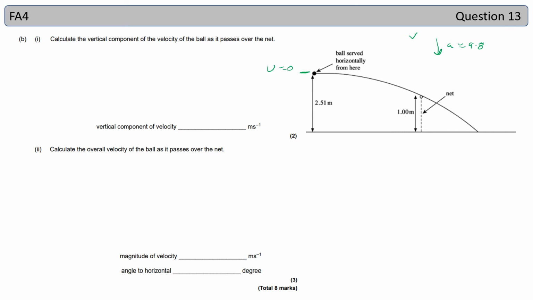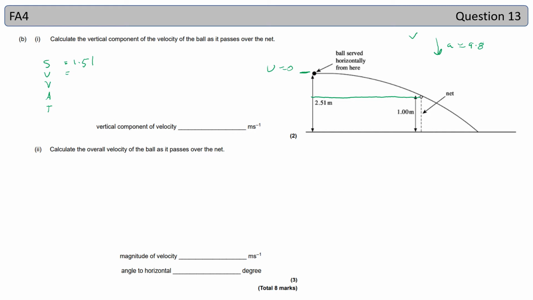So again, we write down our SUVATs and we see what we have. It's travelling a distance of 1.51 meters. That's taking it from its start point to the net.